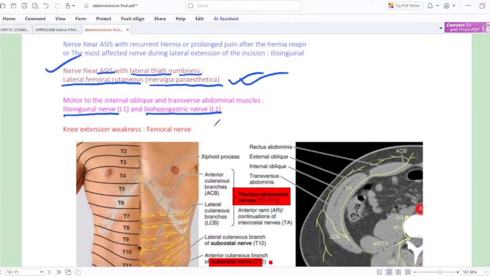Tight pants. That is natural. So why is it related to the hernia?